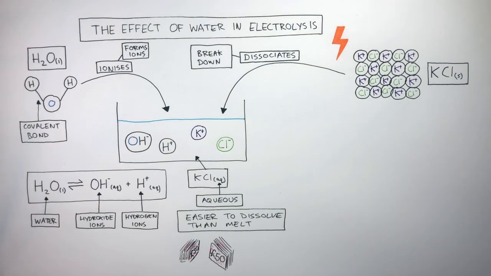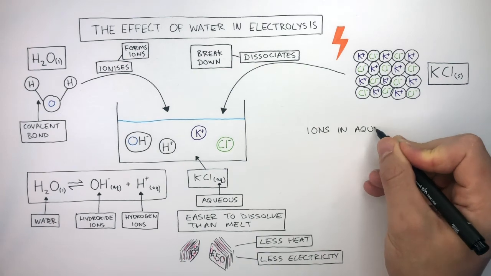Using water to make the ions free to move saves a lot of money, as less heat is used and less electricity is used. Whenever you're dealing with an ionic compound which has dissolved in water, there are always 4 ions present.